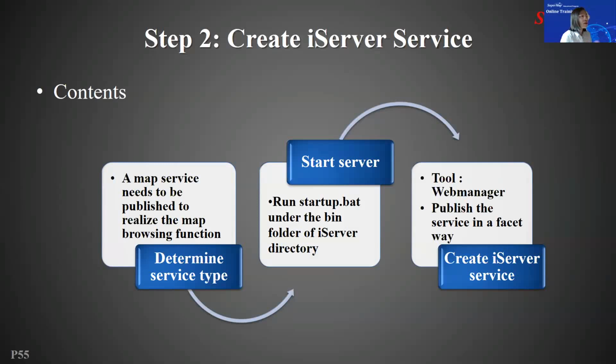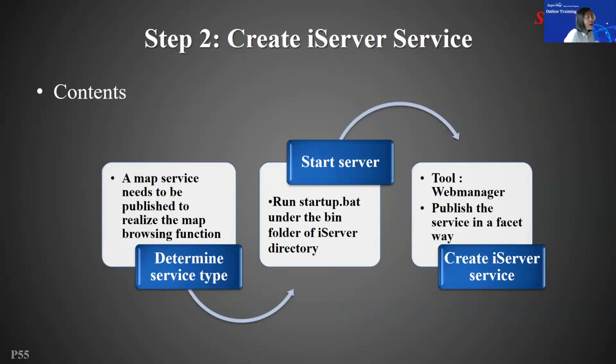If you want to do some semantic mapping, or edit some data, or do some operations with vector data, then you have to publish the data service. Also, if you want to see 3D buildings, then you have to publish the 3D service.